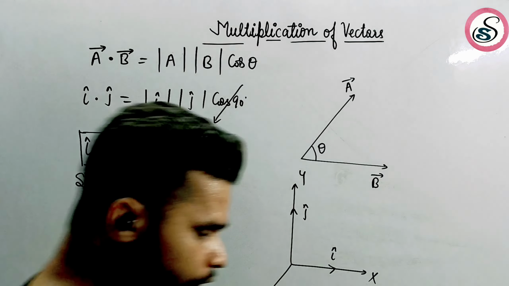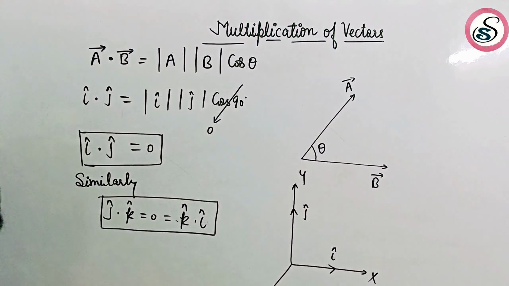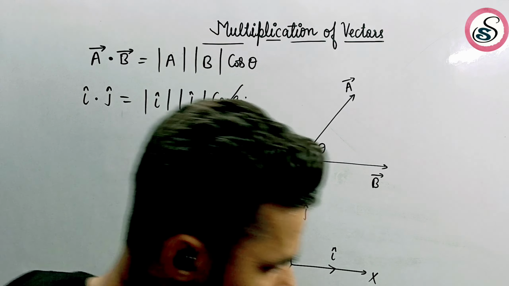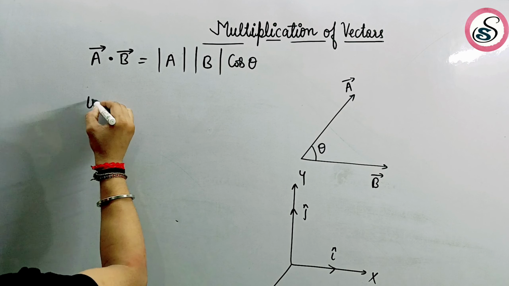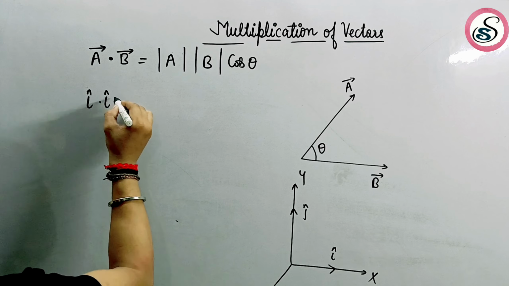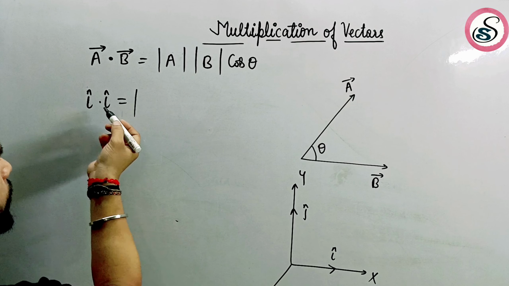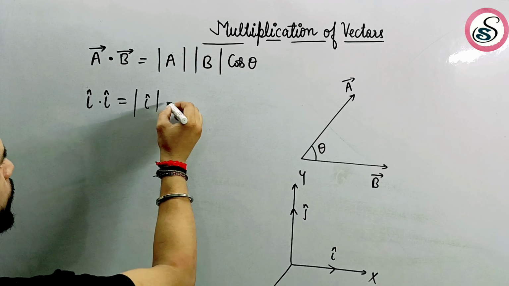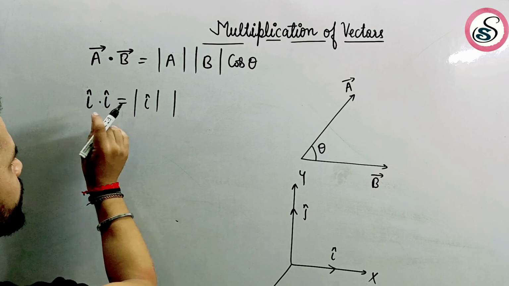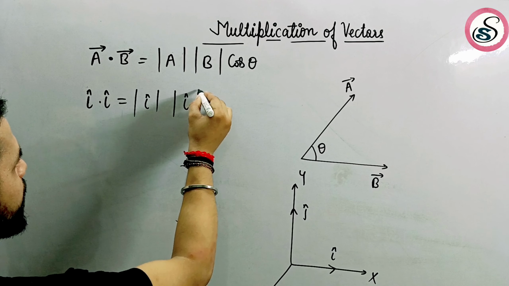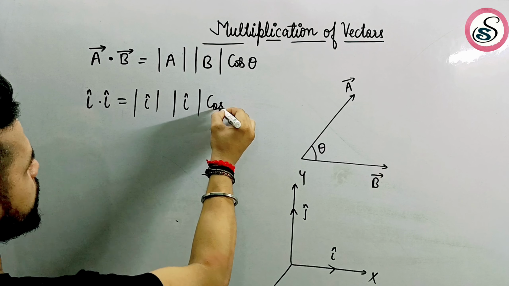Okay, now we will calculate the dot product of two same unit vectors. I cap dot I cap can be written as mod of I cap, mod of I cap again, and cos of theta.